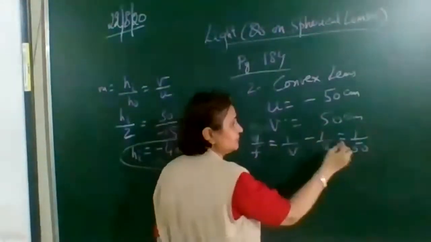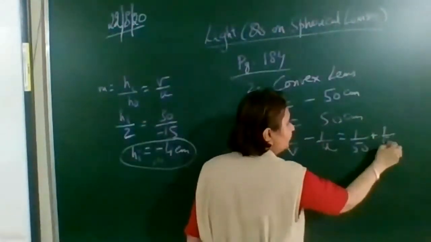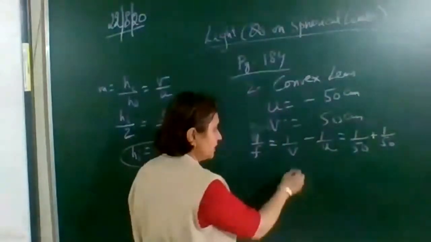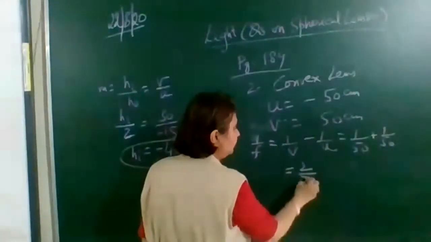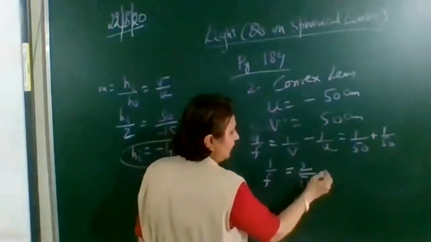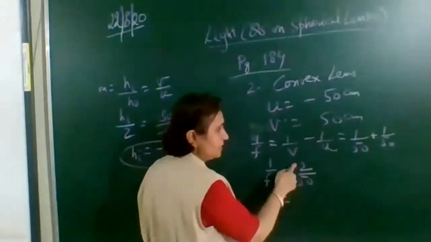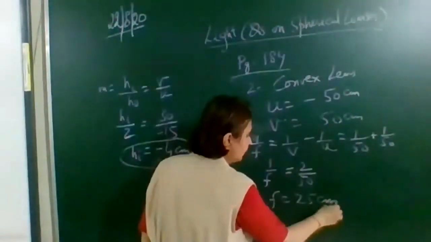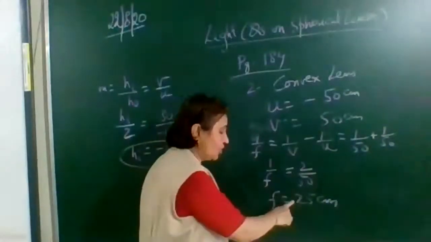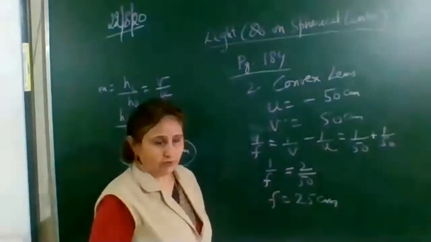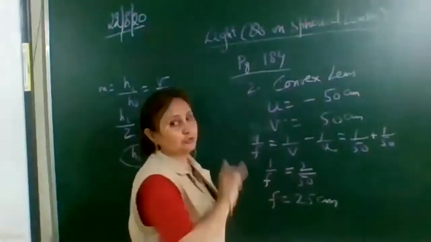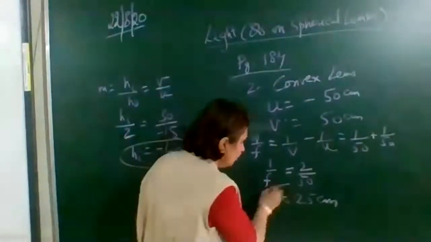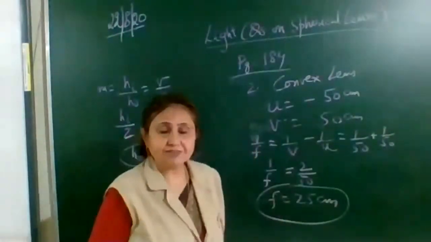Minus into minus becomes plus, so 1 upon 50 again. Okay, so this is 2 upon 50 is 1 upon f. So focal length will be equal to 50 upon 2, that is 25 centimeters. See here, automatically this focal length comes positive. Focal length coming positive means it should be a convex lens.